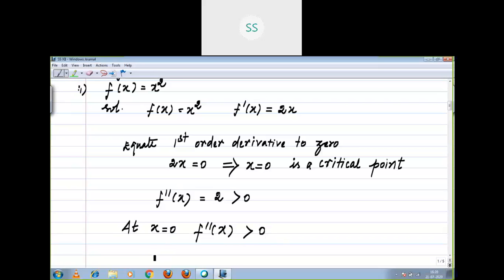If the second order derivative is greater than 0, the point is local minimum. So x is equal to 0 is a point of local minimum, right? Local minimum. Local minima, you can write minima also, no problem.